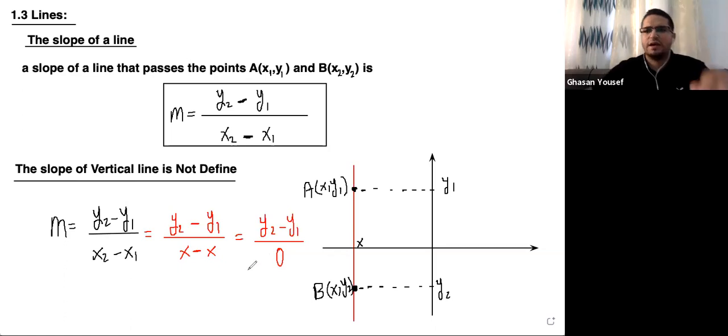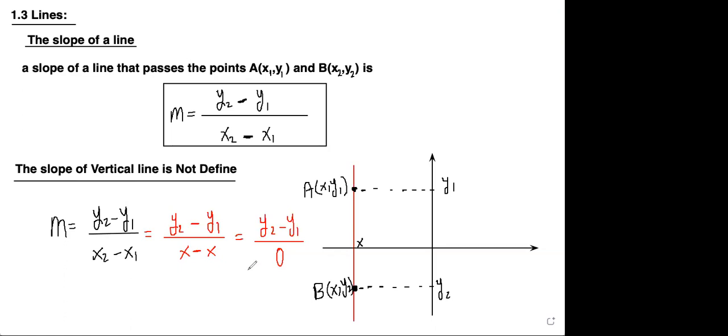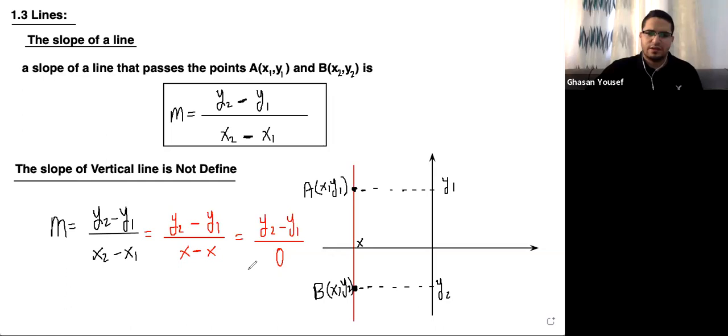I cannot divide any number by 0. That's why the vertical line does not have a slope. So the vertical line does not have slope, or the slope is undefined.